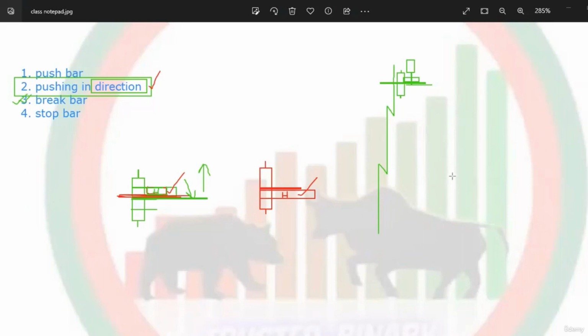But it's not only this situation. We have to understand all the other conditions. There are so many conditions here. It's just an idea. We will learn everything. Okay, so that's the break bar.